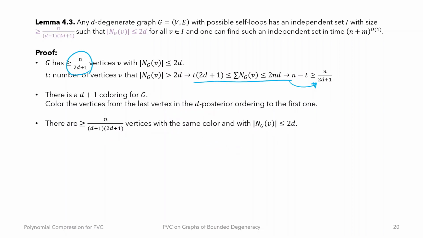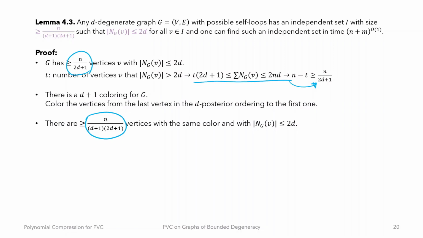So if we consider all vertices with degree at most 2D, we have this many of them, so we can find this many vertices among them with the same color. And when they have the same color, it means they are an independent set. So we found an independent set of this size. We can find it in polynomial time.